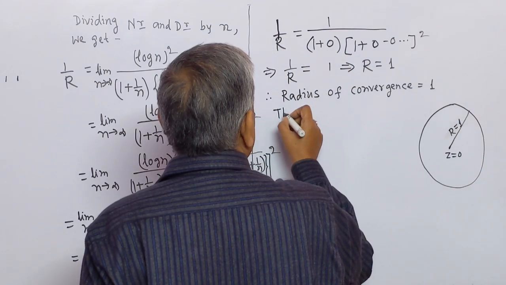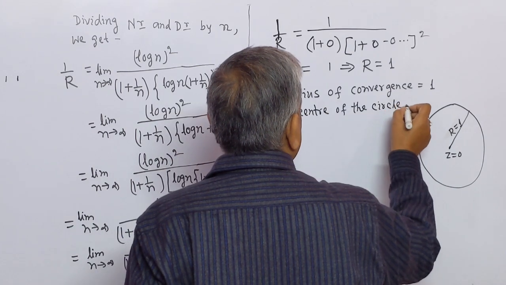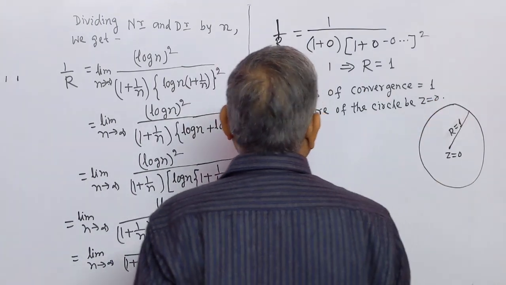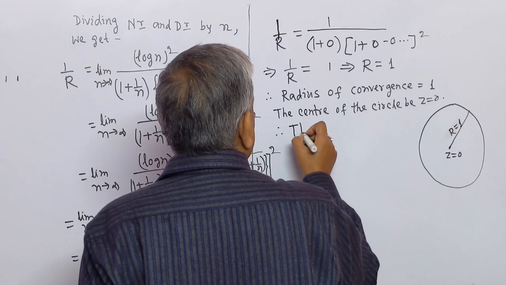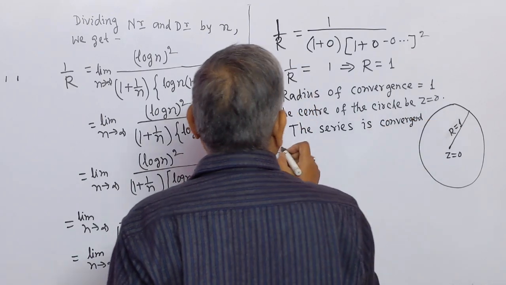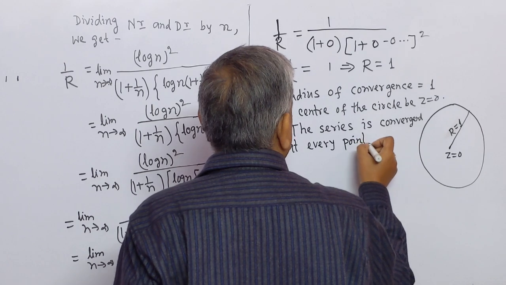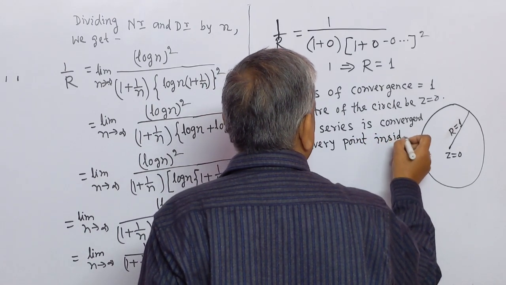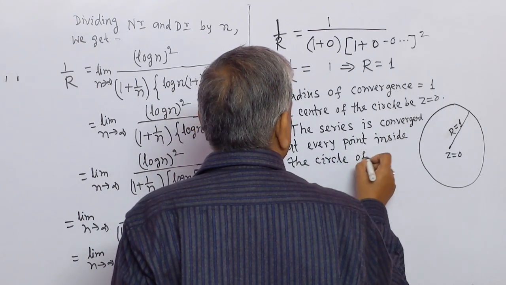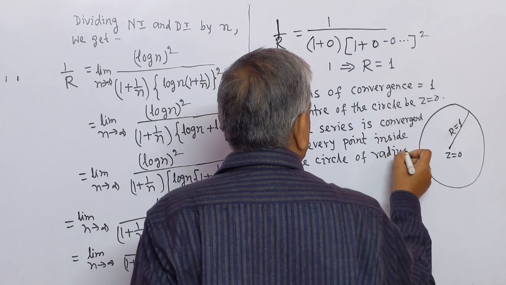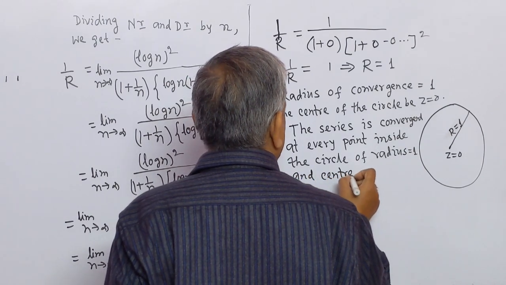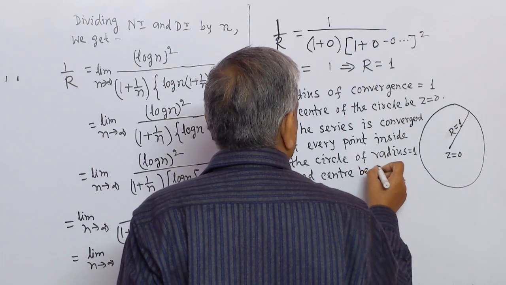Therefore the series is convergent at every point inside the circle of radius 1 and center z equal to 0.